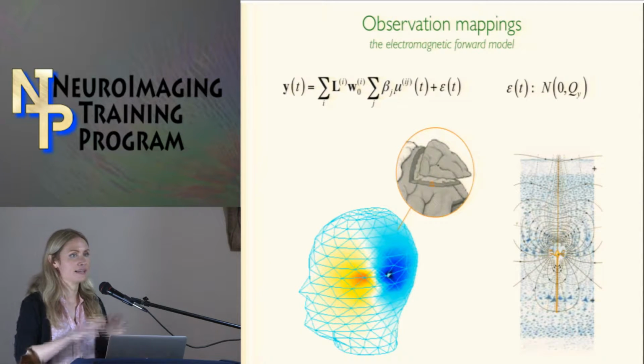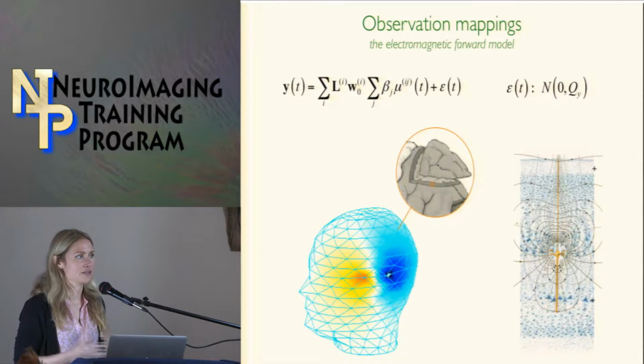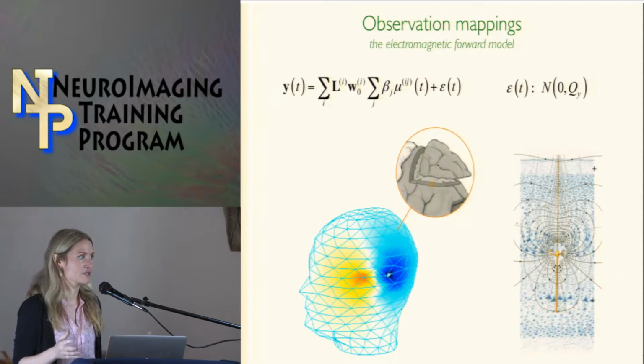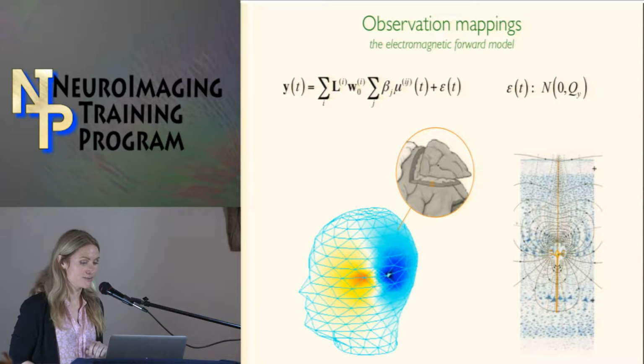And so even after you've created this biologically plausible model of the dipole sources, you still have to filter that through the lead field model in the end, because that's actually what you're measuring. And so both of those layers are involved with DCM for EEG.